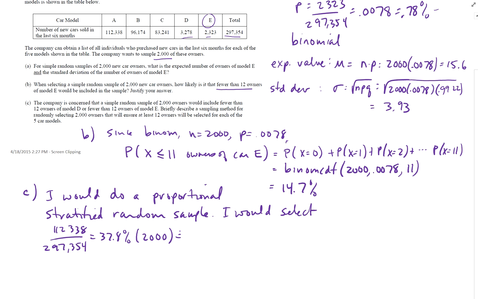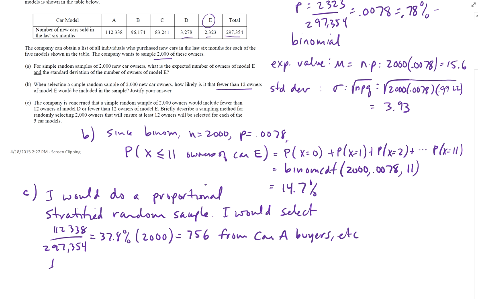So times 2,000, 755.5. So I'd select 756 from car model A buyers, etc. But in particular, they want to ensure that we select 12 for each of the 5 car models.